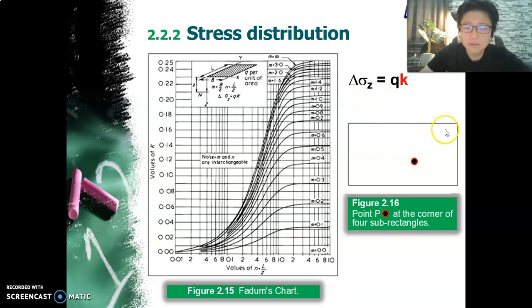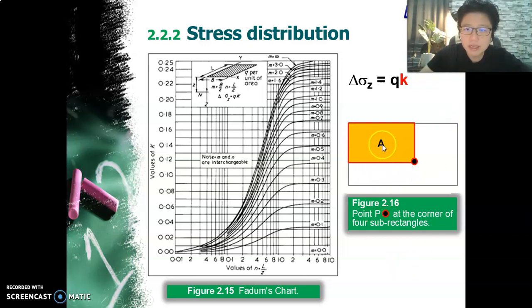Now, for example, if you have a footprint of a building that looks like this, a rectangle, and you want to know what is the stress increase at point P, at a certain depth, Z, say. All you need to do is make sure that you can divide the building footprint into equal squares or equal rectangles that have one of the corners touching the point.